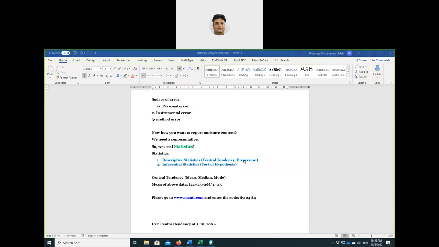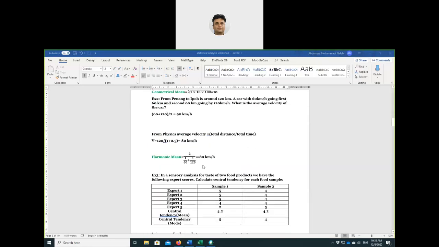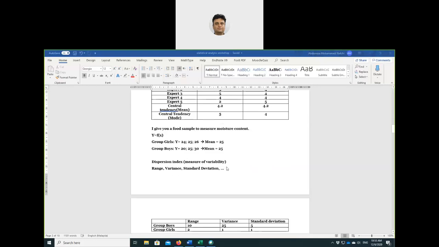Dispersion is the second part of the descriptive statistics. In the dispersion index, or measure of variability, different names, mostly we use the range of data, or maybe the variance of data, or standard deviation.